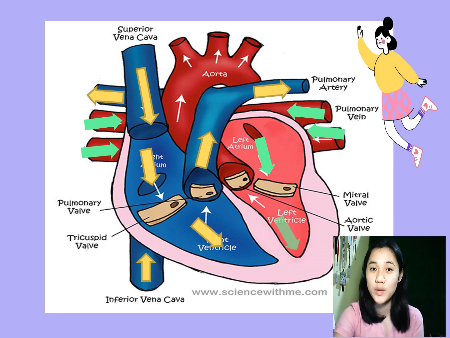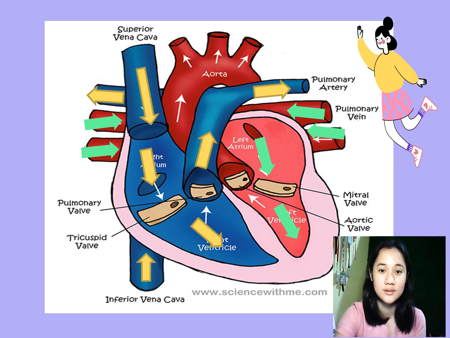Ano nang dala-dala niya? Siya na ay blood with oxygen. So, oxygenated blood na siya. Papasok siya sa pulmonary vein, magkikita sila sa left atrium. Then, it goes down to the left ventricle. Again, left ventricle yan, ipapump niya yan pataas. Saan pupunta? Sa aorta. So, this aorta, dahil siya yung pinakamalaking artery, pinakamarami rin yung laman niya.